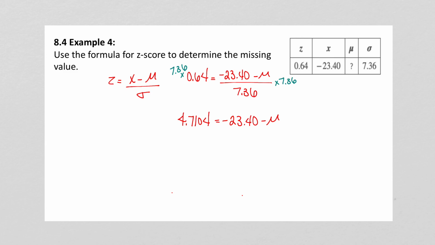Then we're trying to get mu by itself, so add 23.40 to both sides. 28.1104 is negative mu, and we've got to get rid of that negative. We can either multiply both sides by negative 1 or divide both sides by negative 1. Either way will work. And mu ends up being negative 28.11 for the mean.